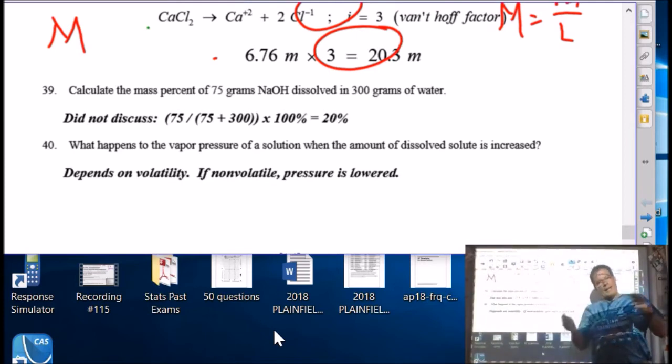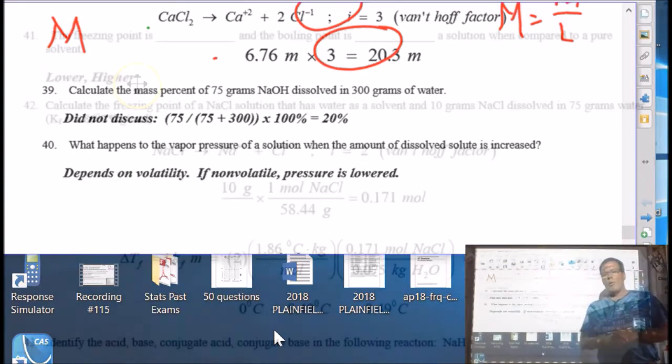So if you're adding stuff, mostly ionic compounds, but it could be molecular as well, it will lower the amount of liquid that changes into a gas, because by adding that, it actually has a higher boiling point.